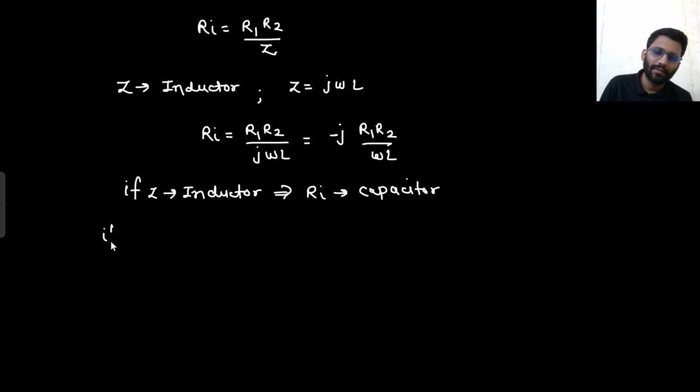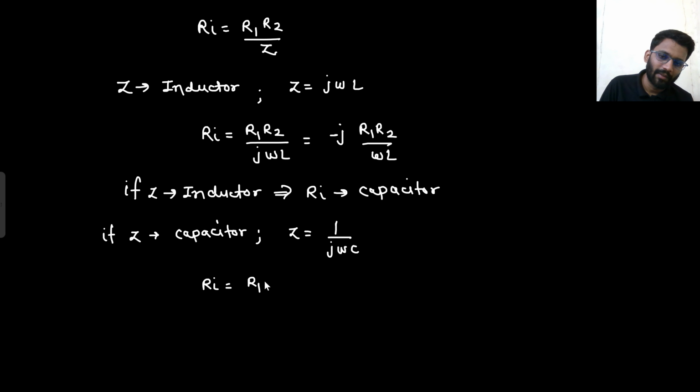And if Z is capacitor, that means Z would be 1 by j omega c. So Rin would be R1 R2 divided by 1 by j omega c. So that would be j omega c R1 R2, right? So what is this?